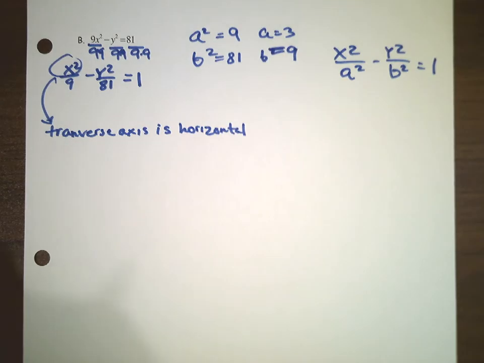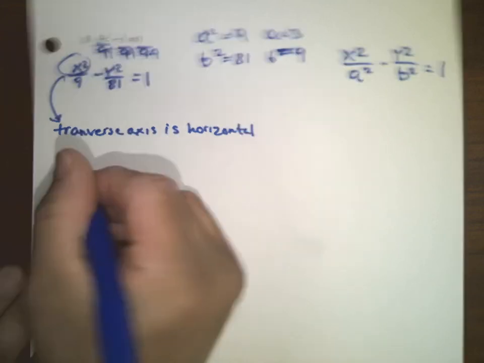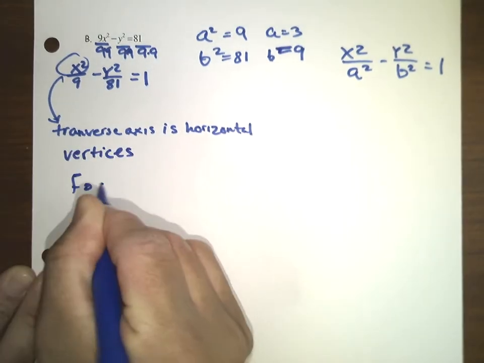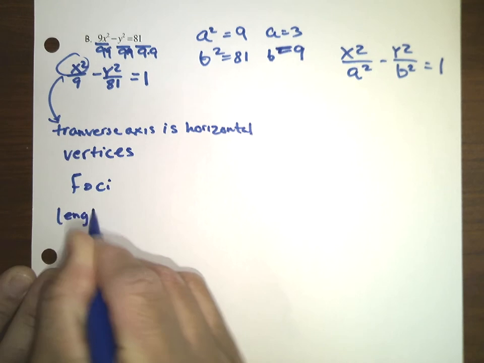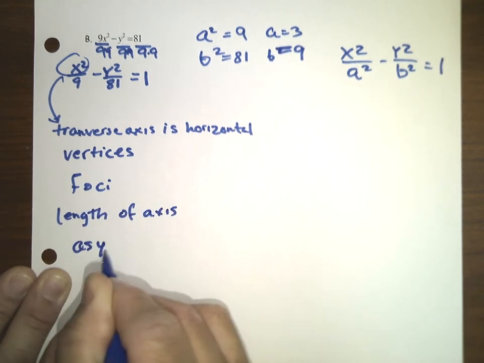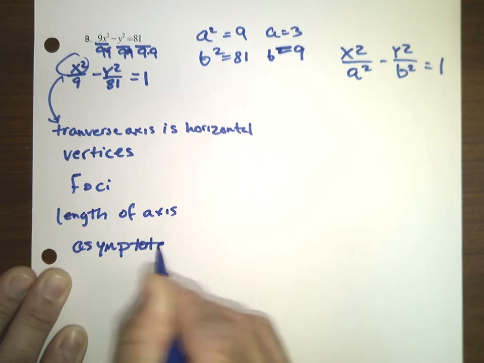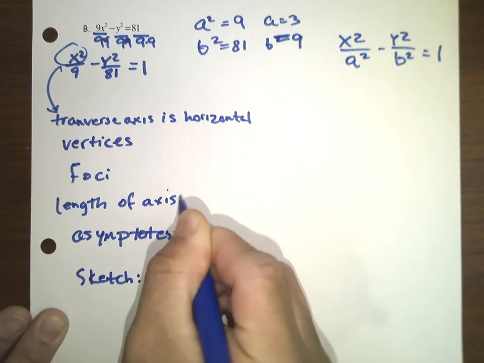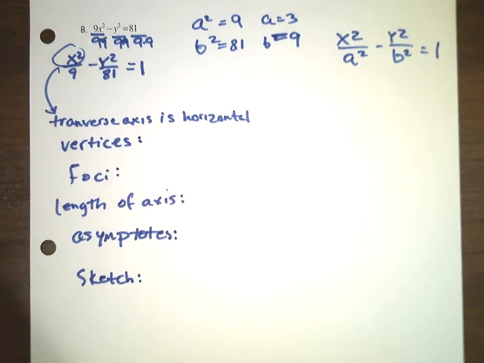All right, so now what did they want next? They wanted the vertices, the foci, the length of the transverse axis, the asymptotes, and a sketch of the graph. So here we go, we'll find all of these.